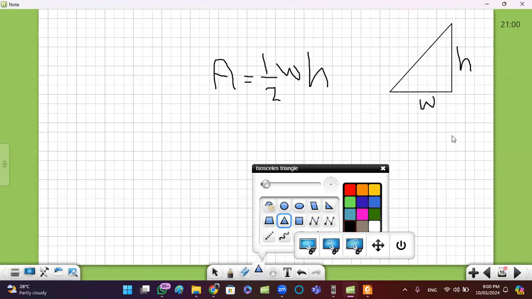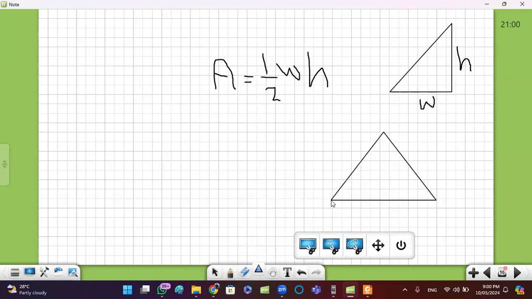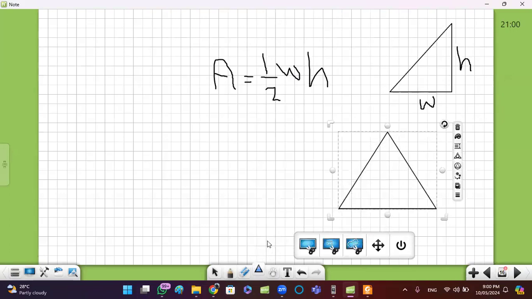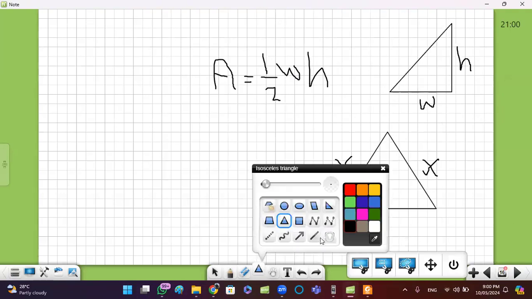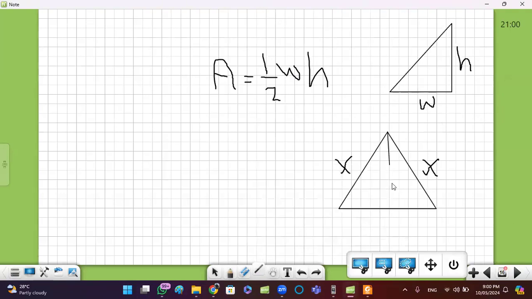If I have this equilateral triangle, pay attention to this one very well. If this is X, this will also be X. What is the height? Who can tell me? Root x?